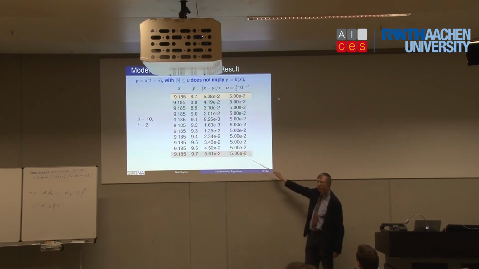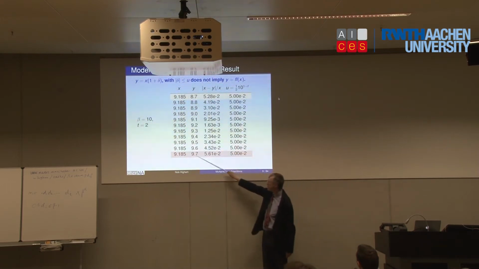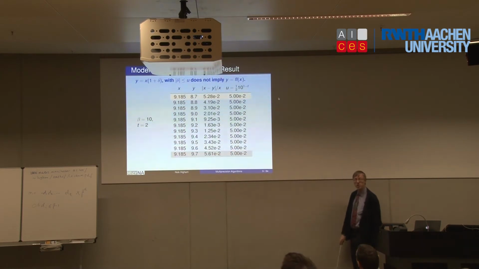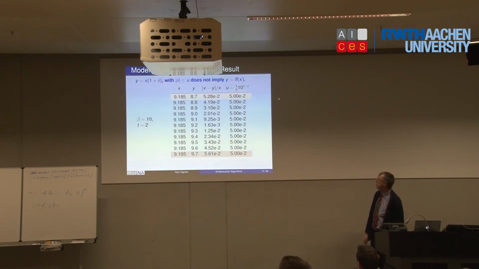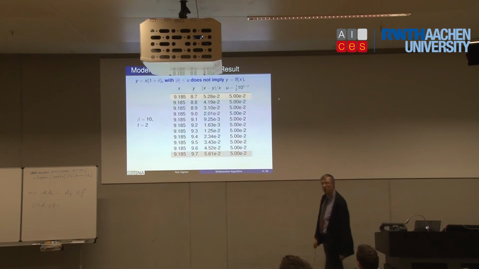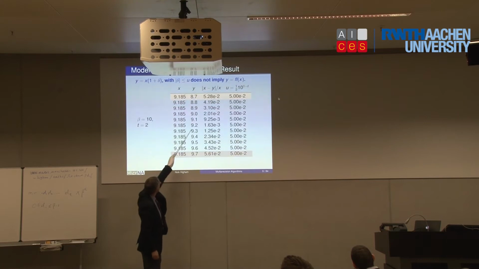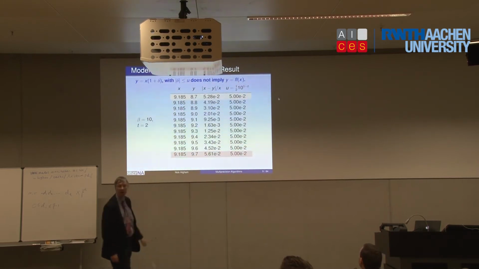So this is clearly not the rounded version of x. But each one of these, 9.6, 9.5 down to 8.8, they all satisfy the condition. The correctly rounded version of x to 2 digits is 9.2. So that's the only one that is the truly rounded version. But all these other ones satisfy the condition.